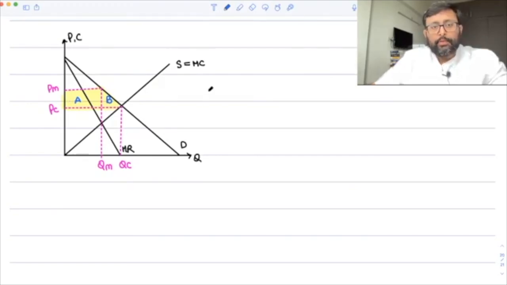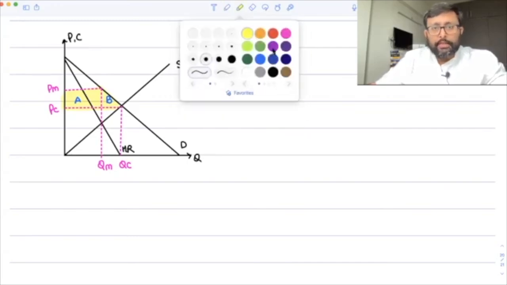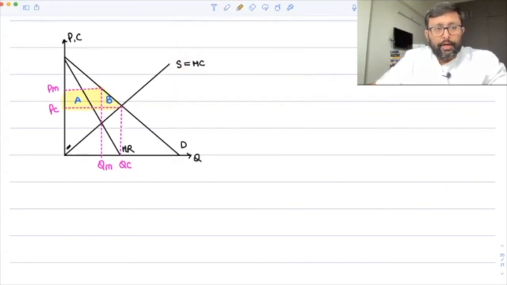When society moves from a monopoly to a competitive firm, the producer surplus for a competitive firm is this much. But this area of the producer surplus, truly speaking, was not available when there was only a monopolist.